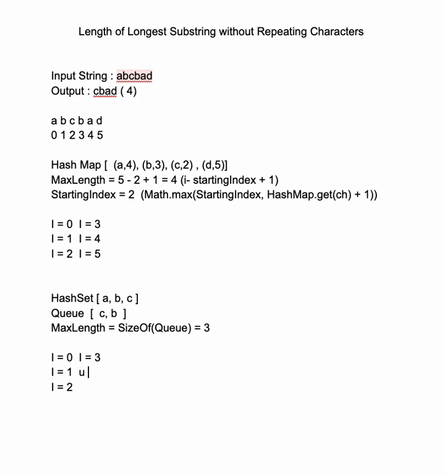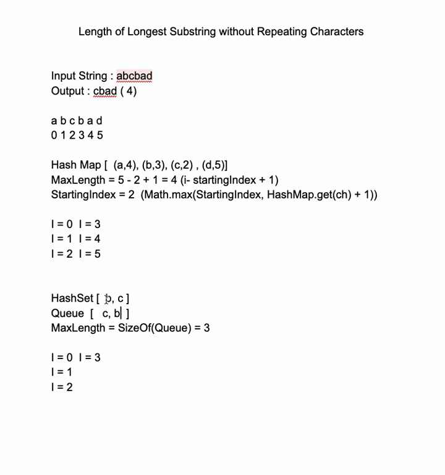So at I equal to 4, one small minor change here. While we are dequeuing the queue, we dequeue A, we remove B, and we add B. So it's like we are removing B from the hash set and adding it again, so it would be the same.